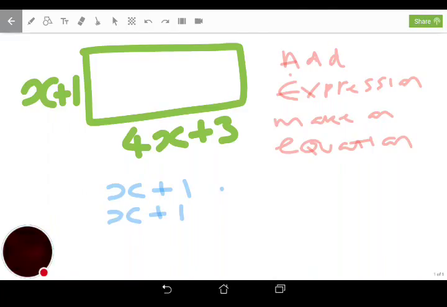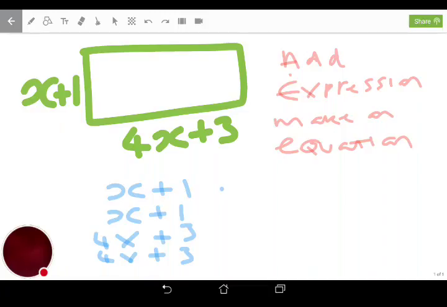Remember what I said before, make sure you add the one on the other side. And here I'm going to add now my 4x, add 3, and my other 4x plus 3.